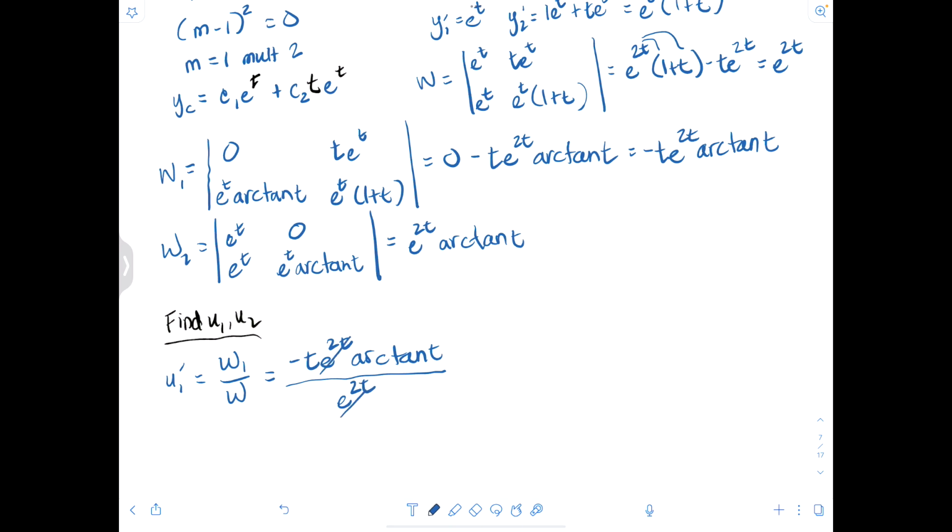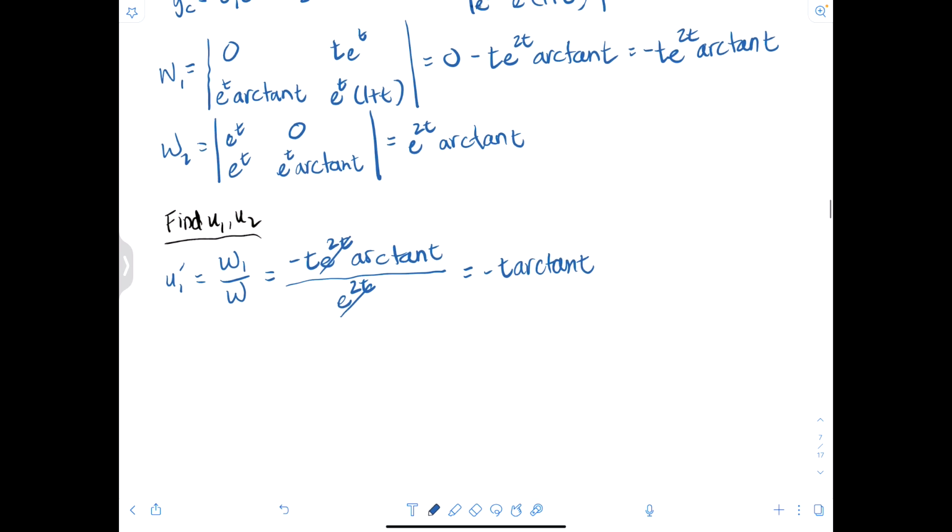So the e to the 2t's divide out, and we'll end up with negative t times arc tangent of t. u2 prime is w2 over w, which is e to the 2t times arc tangent of t over e to the 2t. These will divide out, and we'll just have arc tangent of t.